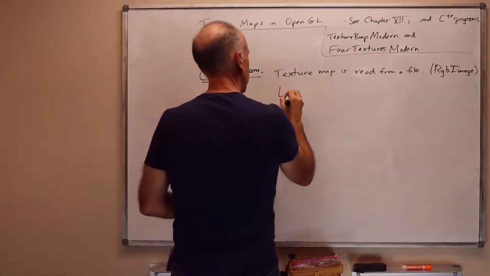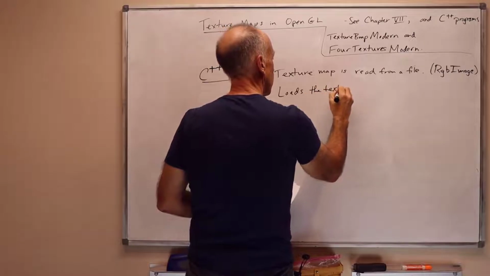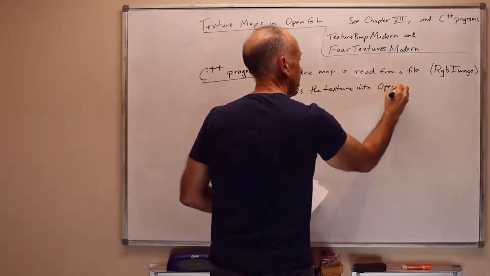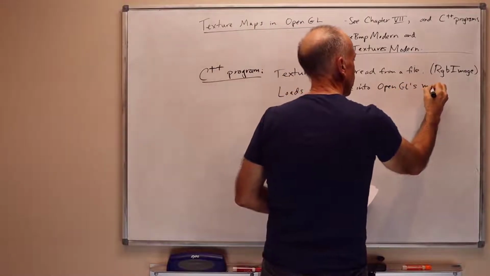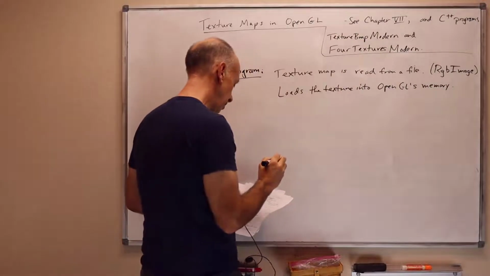It then loads the texture maps into OpenGL's memory, which presumably would actually put it out on the GPU as needed.